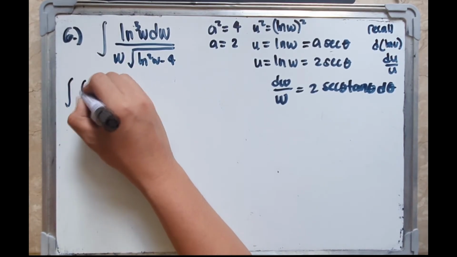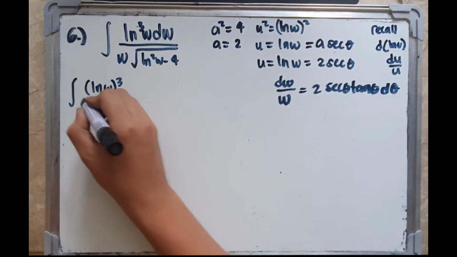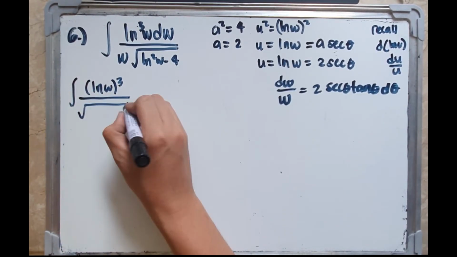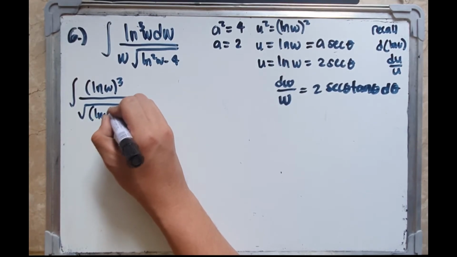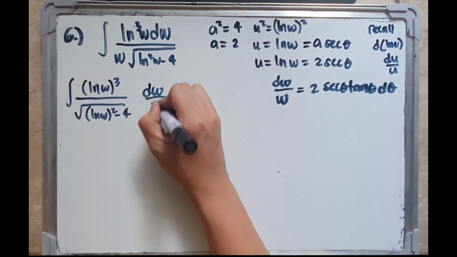Arranging, we now have ln w cubed all over the square root of ln w squared minus 4, and we have dw over w.